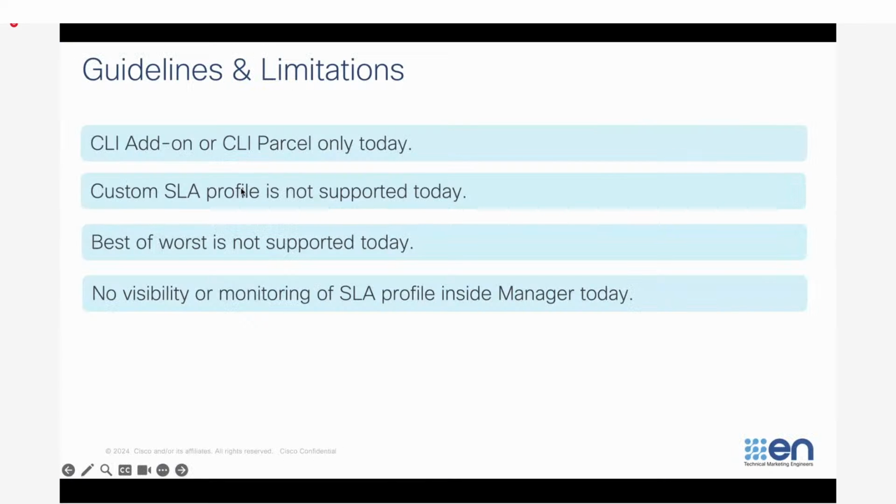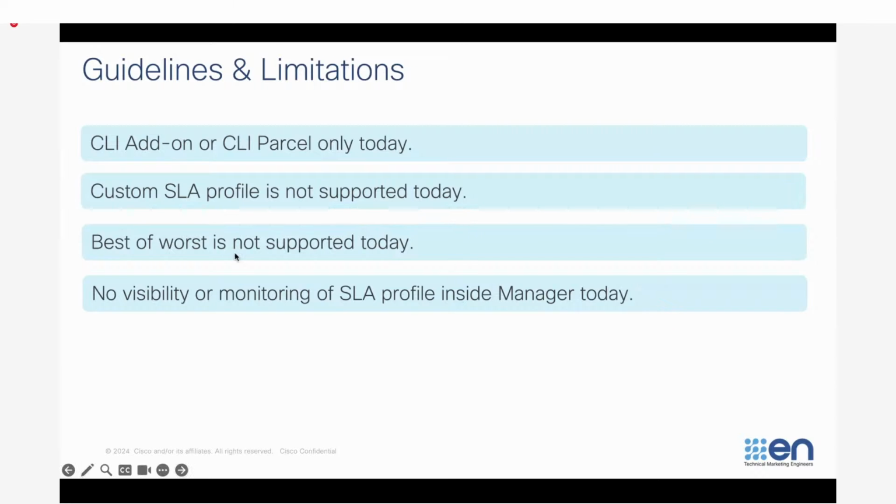What I mean by best of worst is, let's say you have 4 tunnels and all 4 tunnels are out of SLA. When all the tunnels are out of SLA, how do you want to forward the traffic? Do you want to use best of worst based on loss, latency and jitter, or based on latency? That is not supported, and again, it's on the radar.